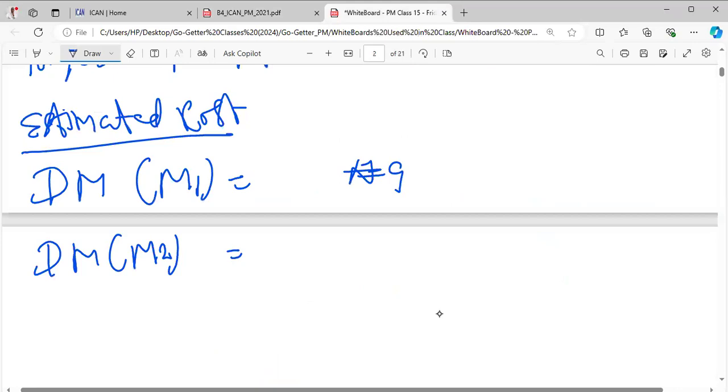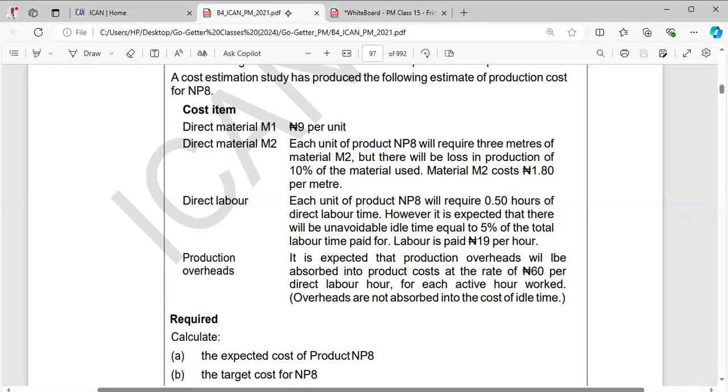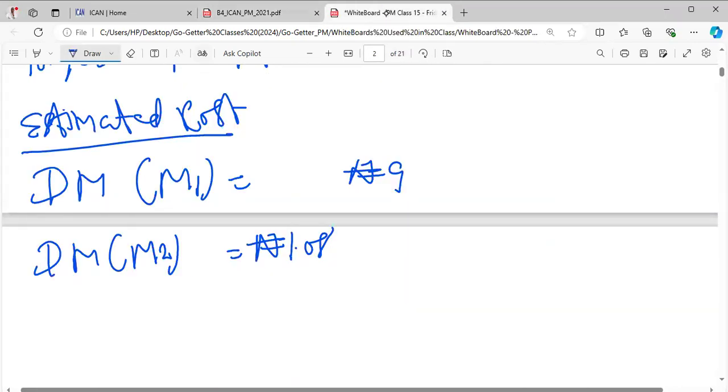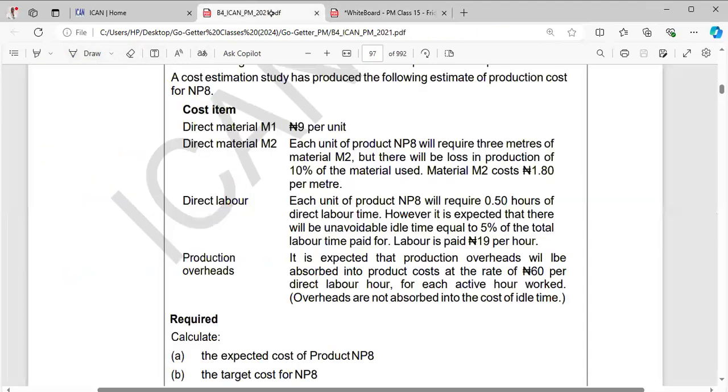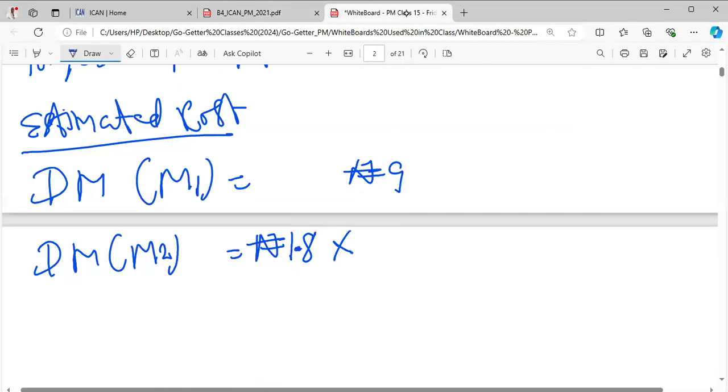So M2 is here, 1.80 multiplied by what was told here. Each unit will require 3 meters. So you now say times 3 meters.